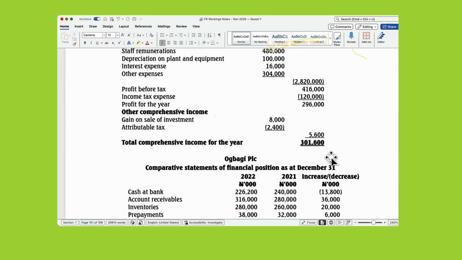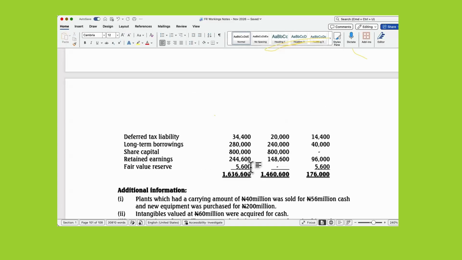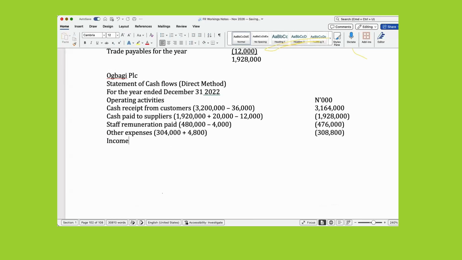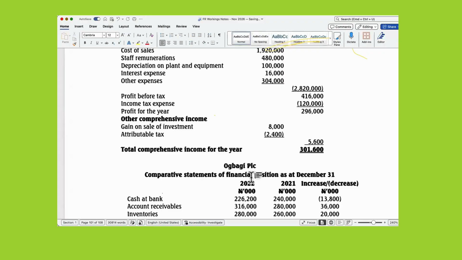So out of these 120,000 plus 2,400, which is my expense for the year, I want to get my income tax paid. My 122,400, am I correct? Yes, 122,400.